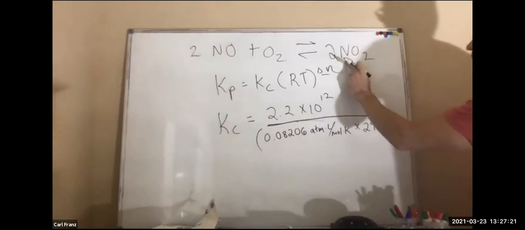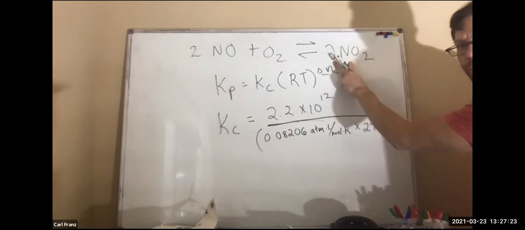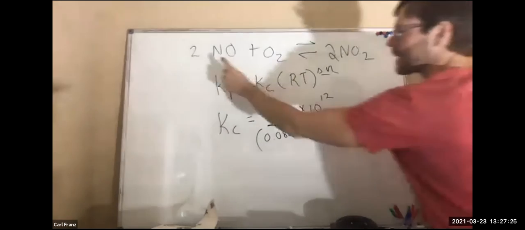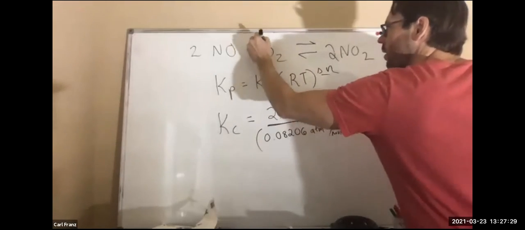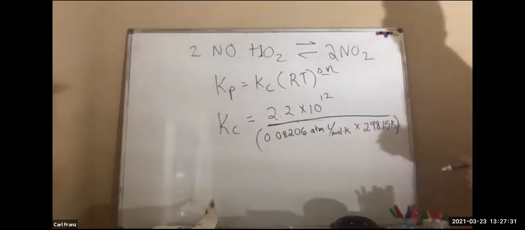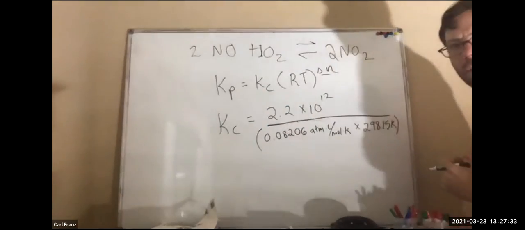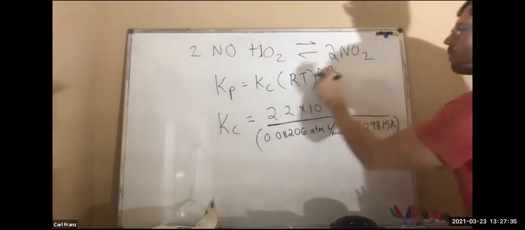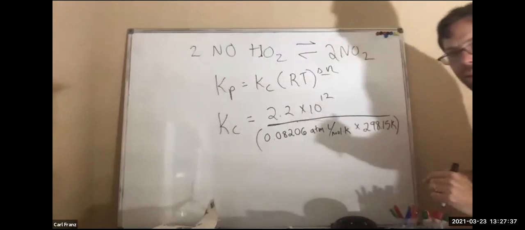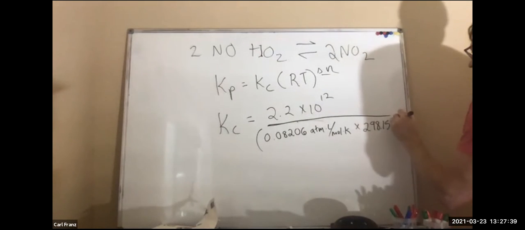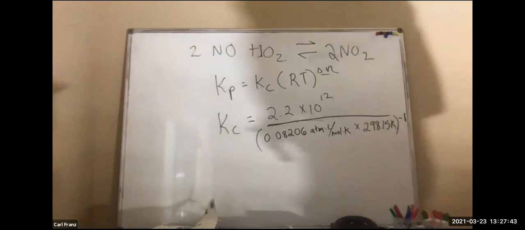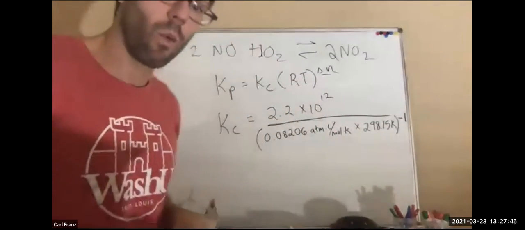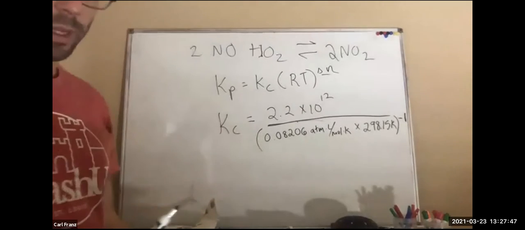Yes, because our products, we have 2 coefficient. Our reactants, we have 2. And even though there's nothing here, if there's nothing there, that's a 1. So that's 3. So 2 minus 3 is a -1. Okay, so all of that is raised to the power of -1. What happens when we calculate that out?